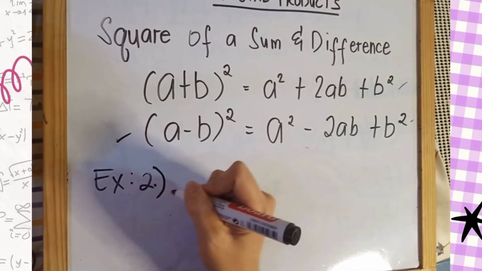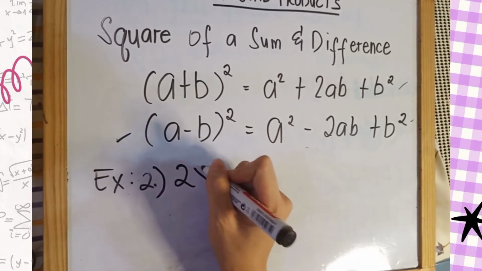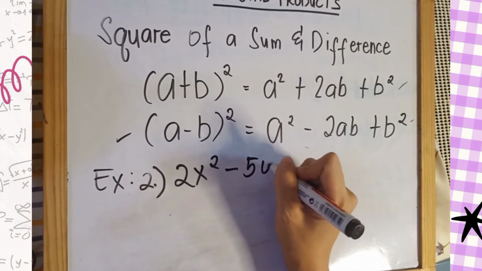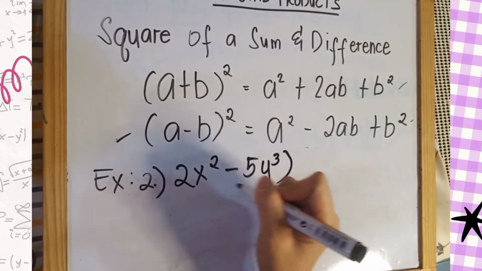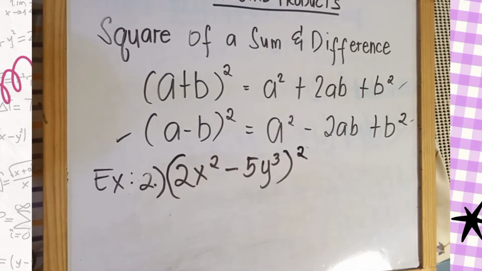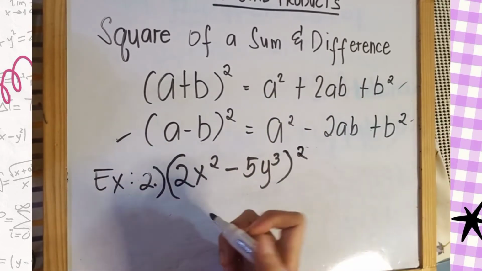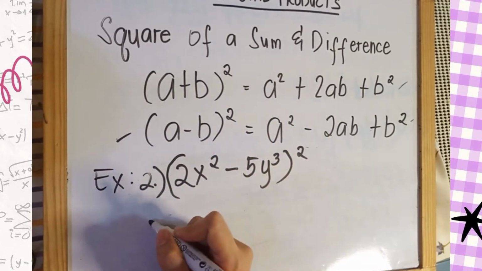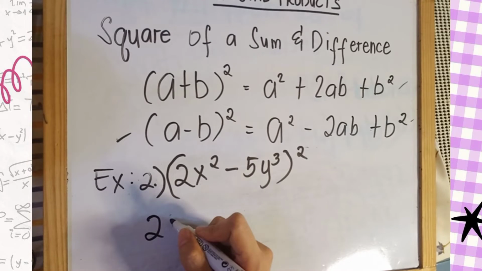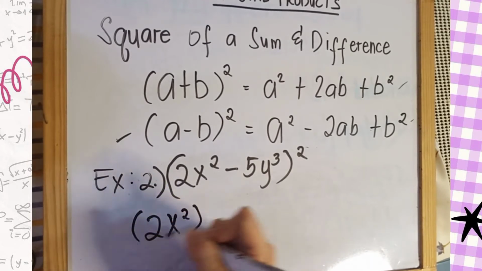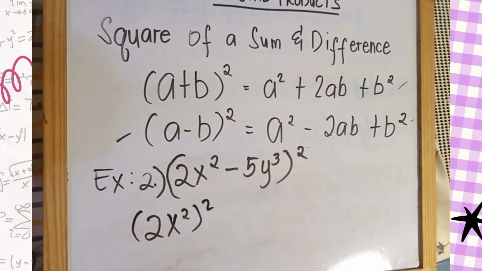So let's say we have 2x squared minus 5y cubed, and then it is squared. Okay? So, by following our formula, we have the square of the first term. First term is 2x squared and then squared.